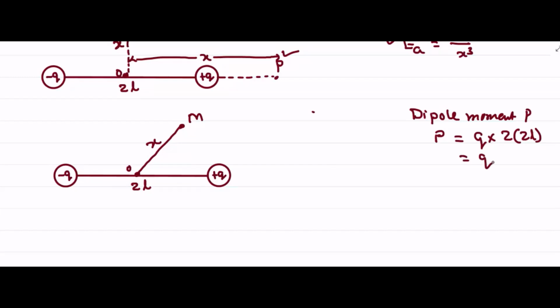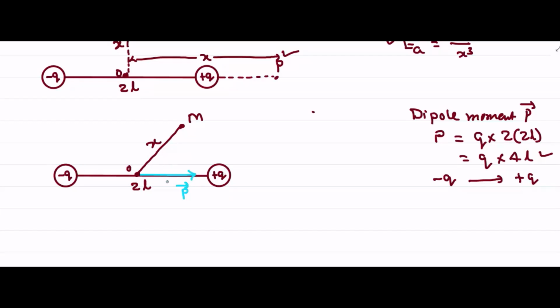And we know the direction is from negative Q towards positive Q. This is the direction of the dipole moment. So basically this is a vector, whose magnitude is this and direction is from the negative charge to the positive charge. So if I show the vector of the dipole moment on this dipole, it will be something like this. This will be the vector P, because it is from the negative charge to the positive charge.